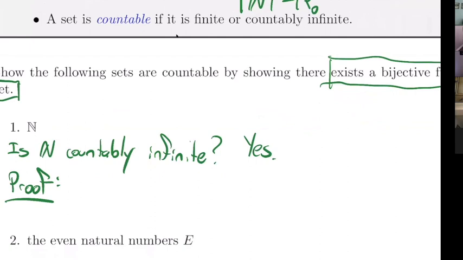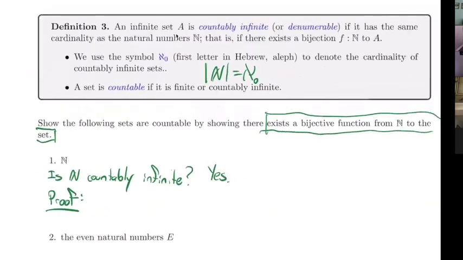And my proof is going to be, here's a function which maps from the natural numbers into my set. So it's all kind of using this definition up here, where now our set A happens to be the natural numbers. So what is a bijective function that you can think of that's going to map the natural numbers into the natural numbers? F of x equals x. Yeah, let's use the identity map.